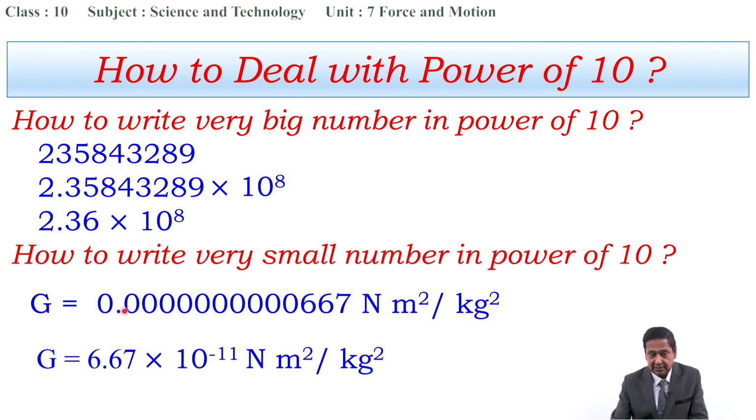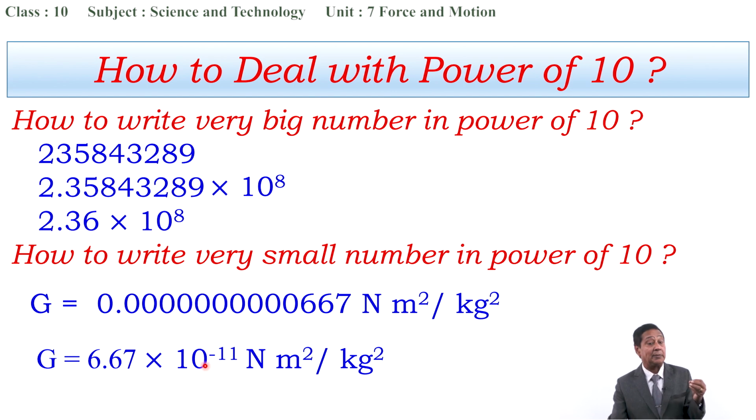Since the decimal point is shifted toward the right-hand side, by 11 digits, the same number, 6.67, should be multiplied by 10 to the power minus 11. Then this expression will be equal to this. Numerically both are the same, equal.